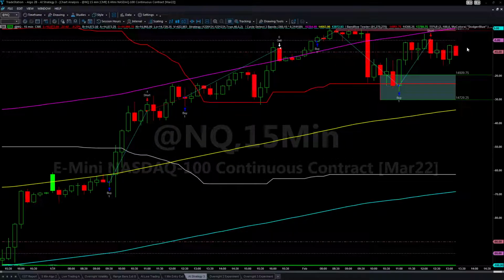Both are for the long side. And here we have the Q.